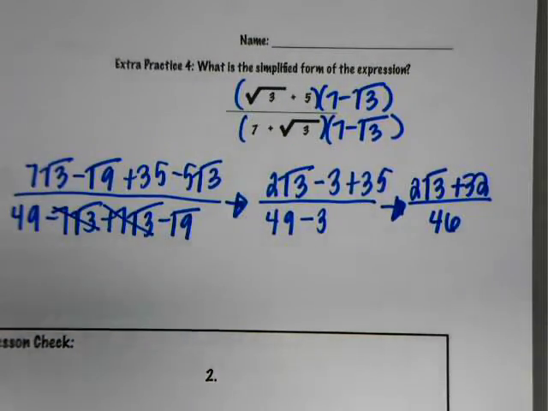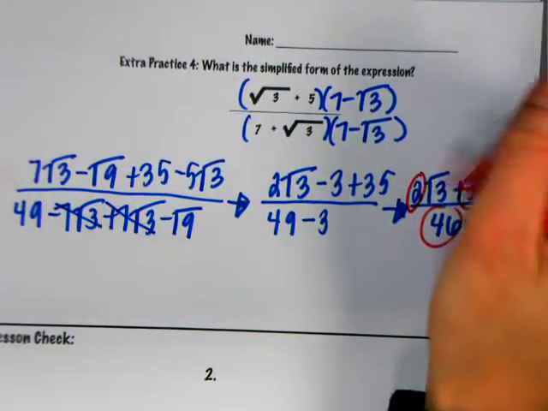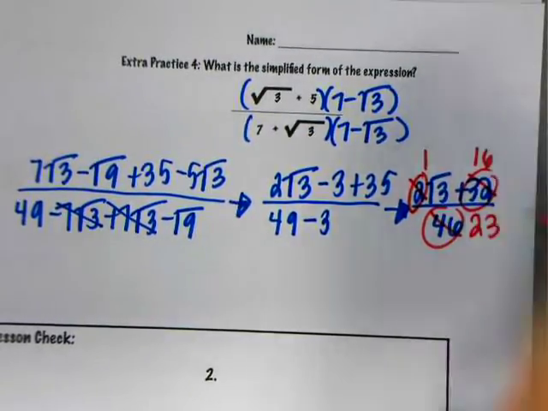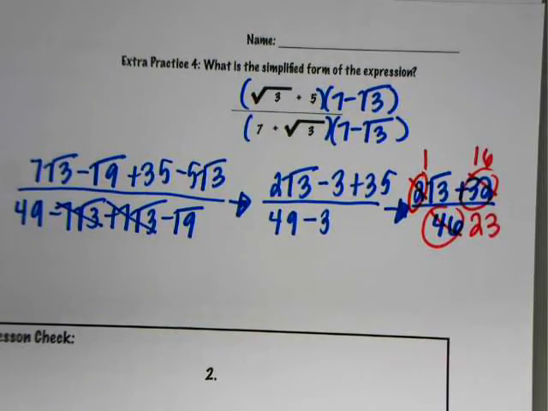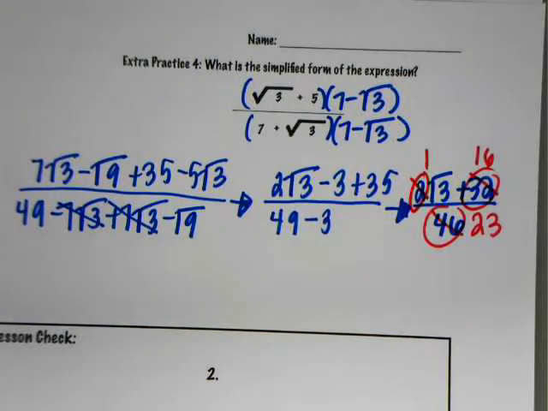All right, and then you can reduce the 2, the 32, and the 46 all together by 2. So it's going to be 1, 16, and 23. And then I'm going to write the number first. On pretty much all the other examples, we did the number and then the radical.